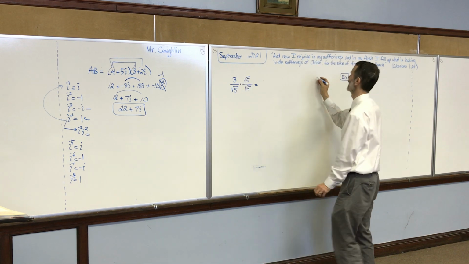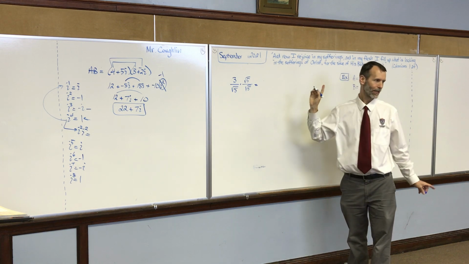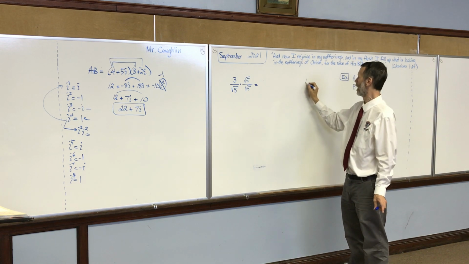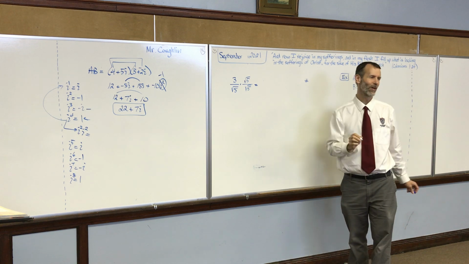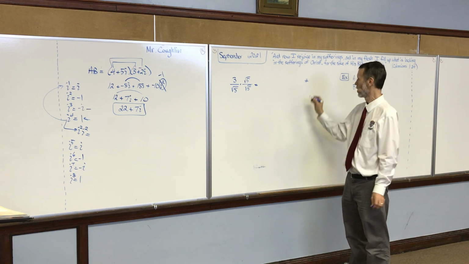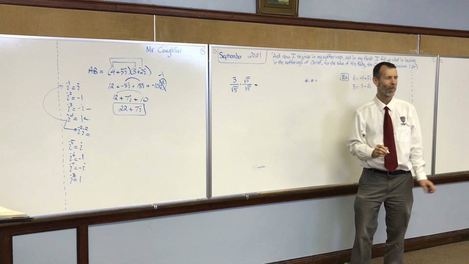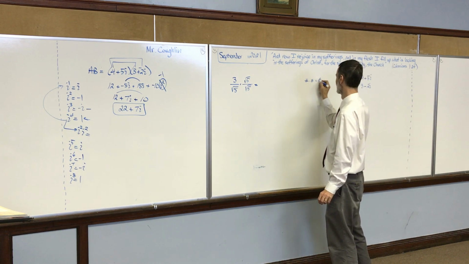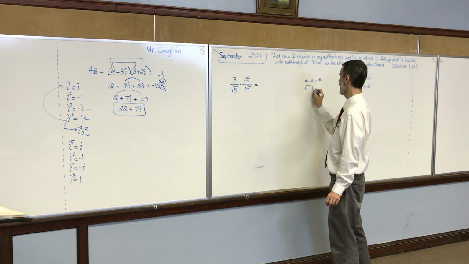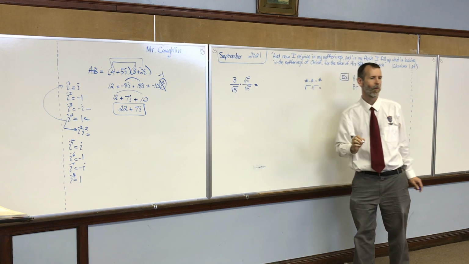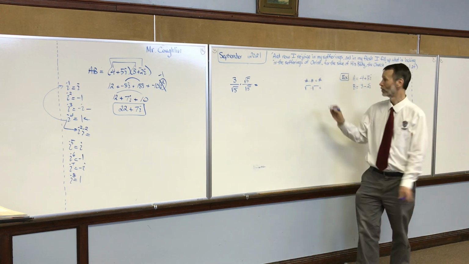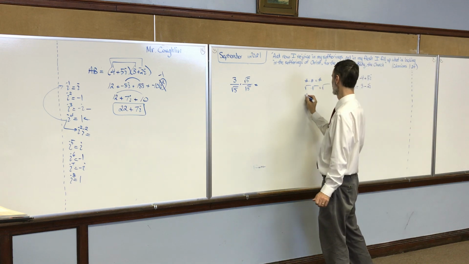Sorry, I skipped a step. Everybody look up here for a second. This is arguably the dumbest question I'll ever ask you. What's a number times a number? A number. What's a radical times a radical? A radical. What's a number times a radical?